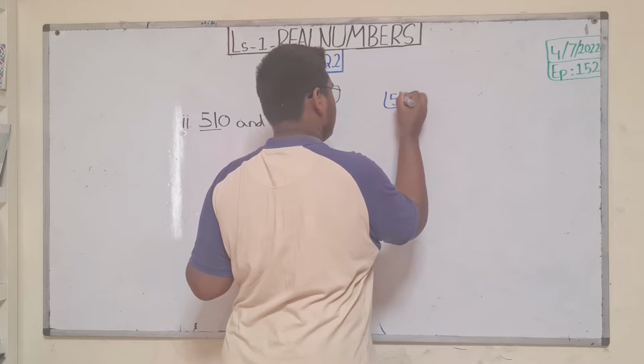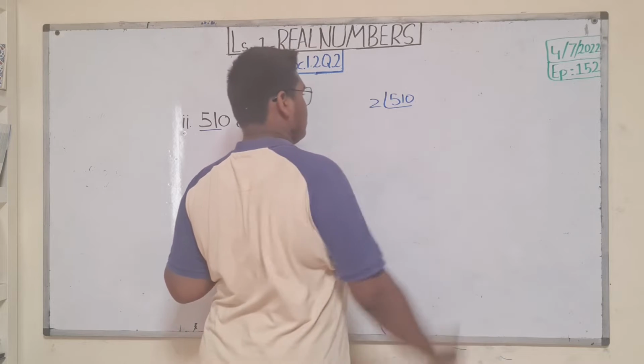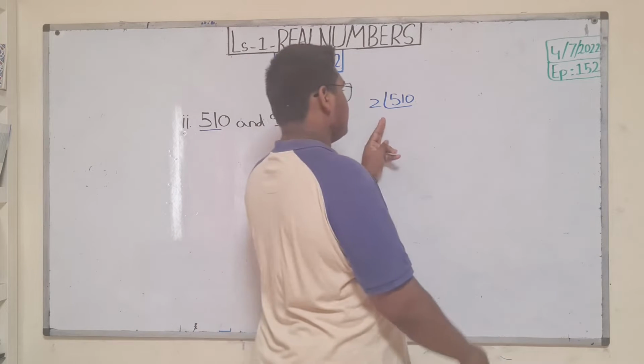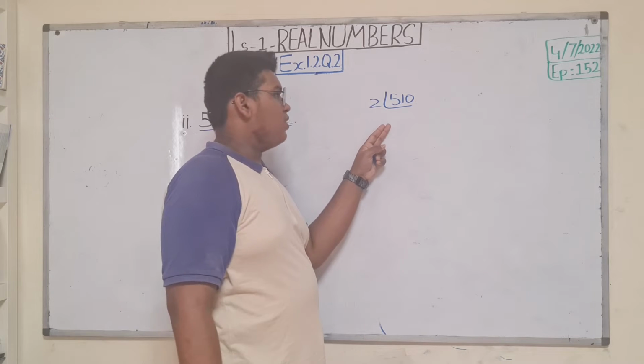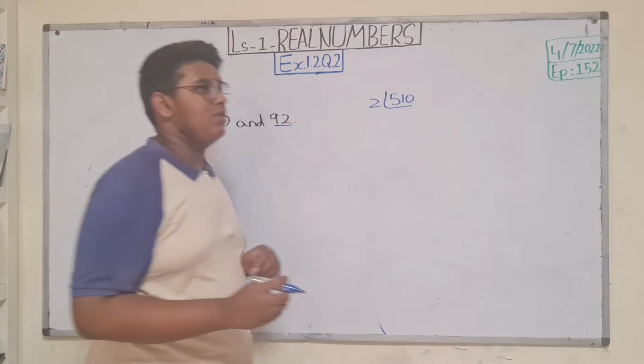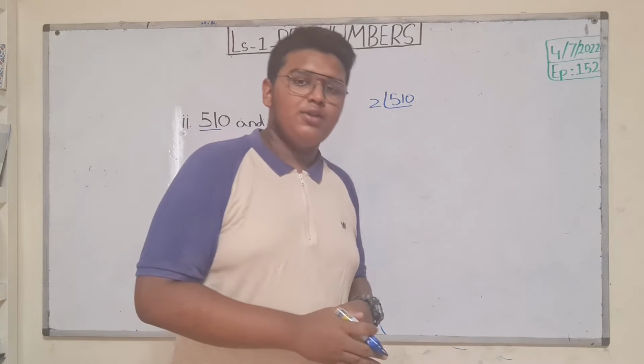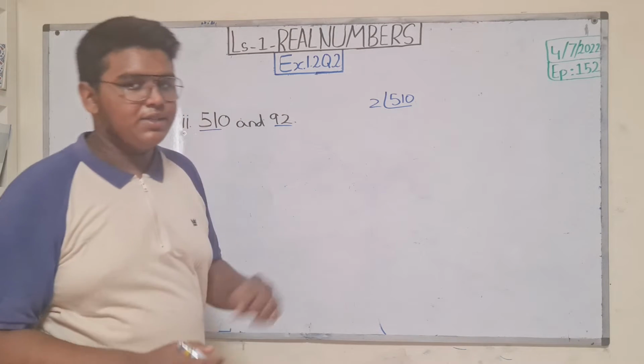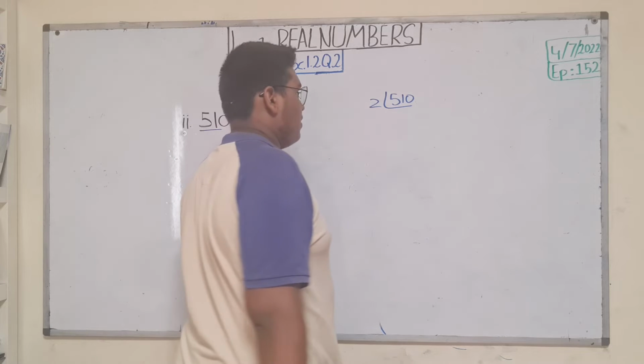Okay, so 510 divided by 2. The first prime number is 2. We'll keep on doing this, and when we come to a number that is not divisible by 2, then we'll take 3. It is the basic rule of prime factorization.